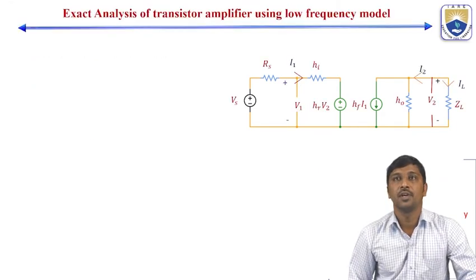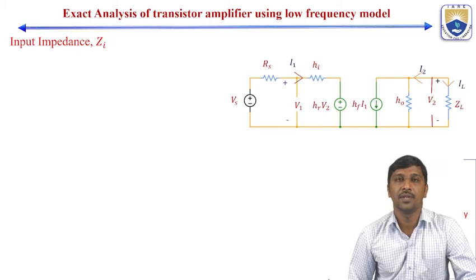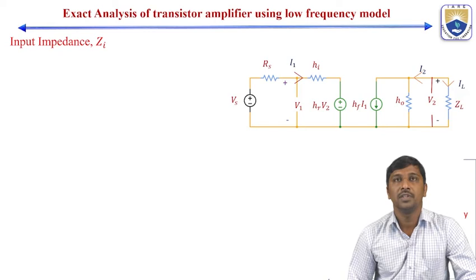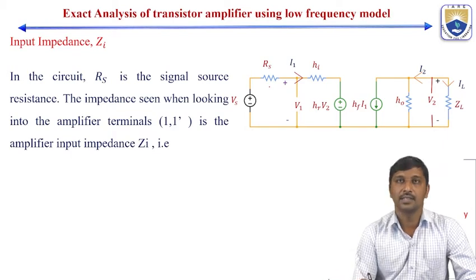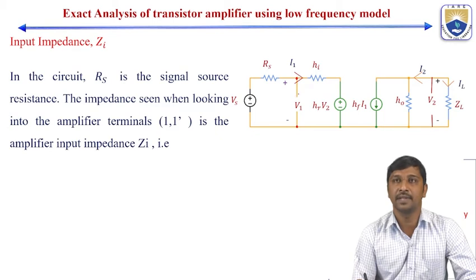Now we are going to identify another parameter: how much input impedance is offered by the low frequency model. Generally, the input impedance is represented as, in this case I neglected the source resistance. I am going to calculate how much input impedance is offered across input port 1 and 1 dash.